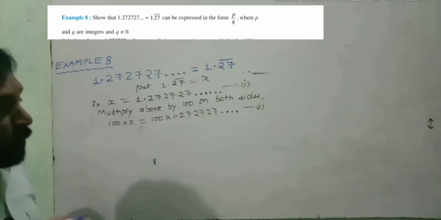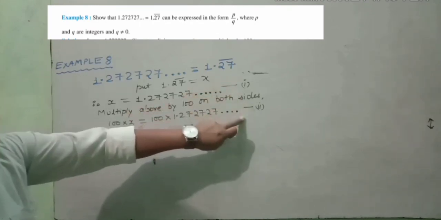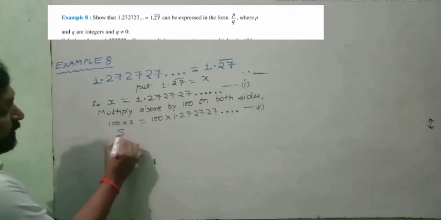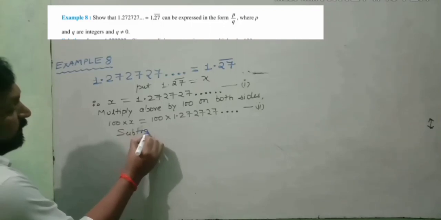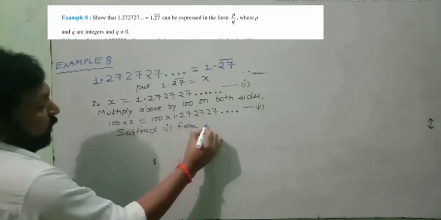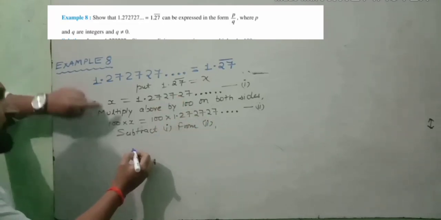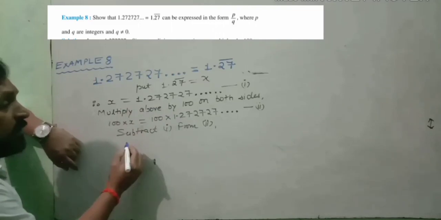Understood? Now I am doing it in the same way as I did example 7. Now we have to subtract first from second. Left hand side will subtract left hand side and right hand side will subtract right hand side.